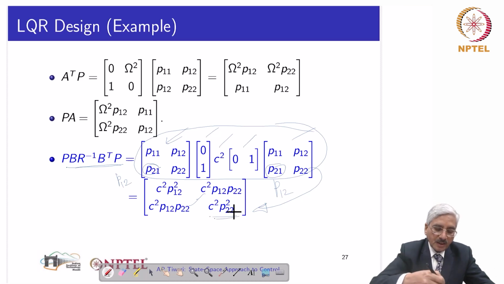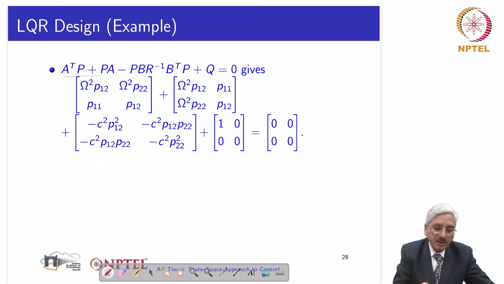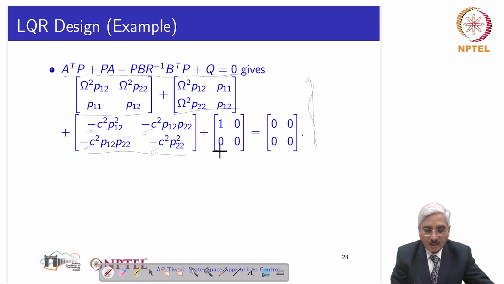And Q we have seen was specified in the previous slide. So A transpose P plus PA minus P B R inverse B transpose P plus Q equal to 0. When we set this up, we get this. This is A transpose P, this is PA, this is P B R inverse B transpose P. This minus sign has been absorbed inside, and this is Q, and all this should sum to 0.